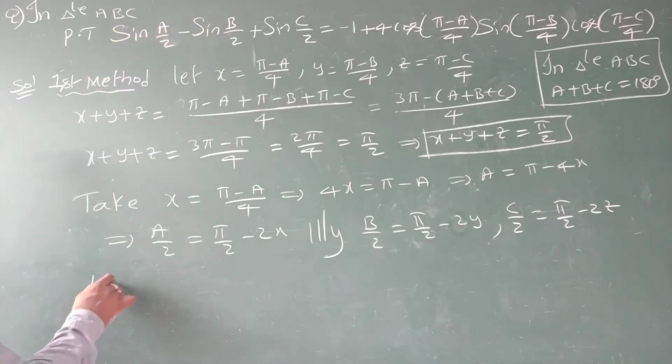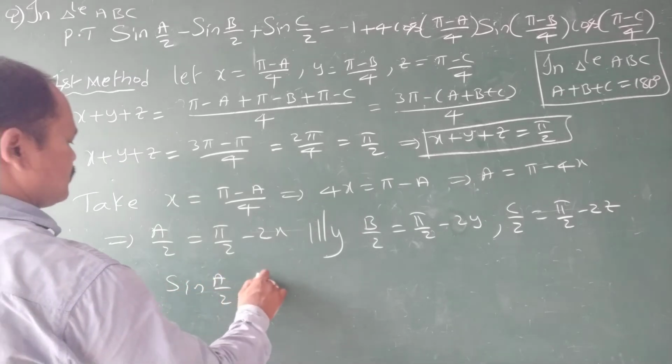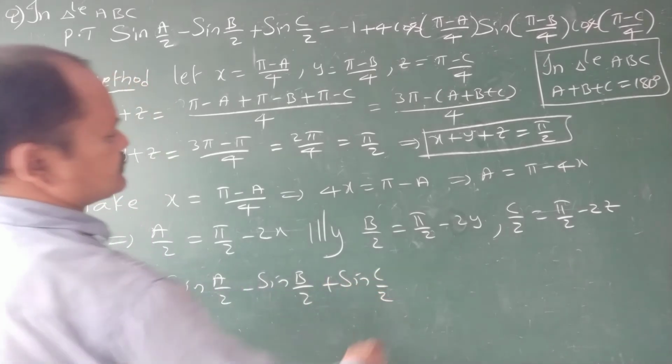Now we have to take the LHS. LHS is sin A by 2 minus sin B by 2 plus sin C by 2.